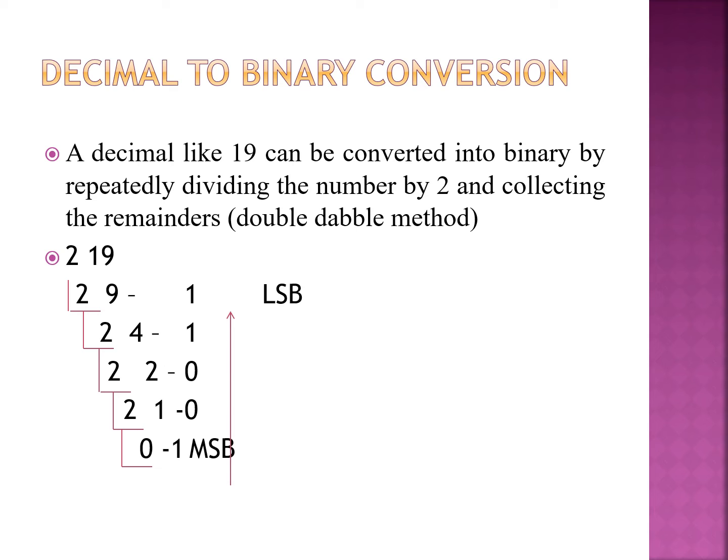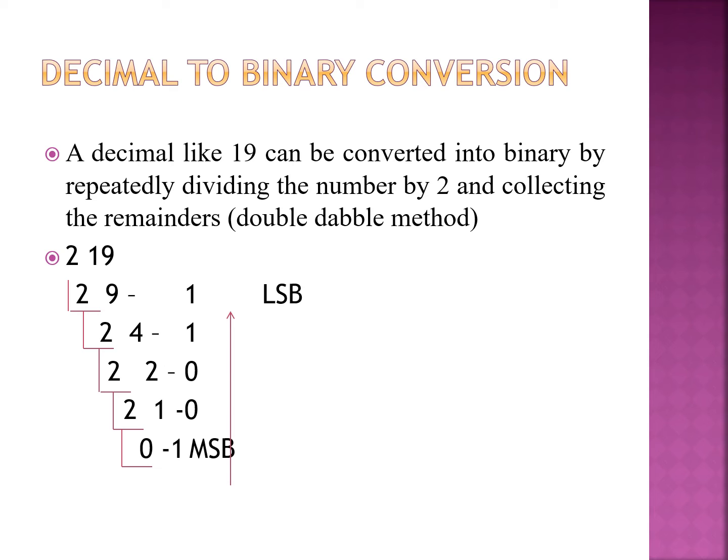Further, 4 divided by 2 gives 2 as quotient and 0 as remainder. Then 2 divided by 2 gives 1 as quotient and 0 as remainder. Finally, 1 divided by 2 gives 0 as quotient and 1 as remainder.